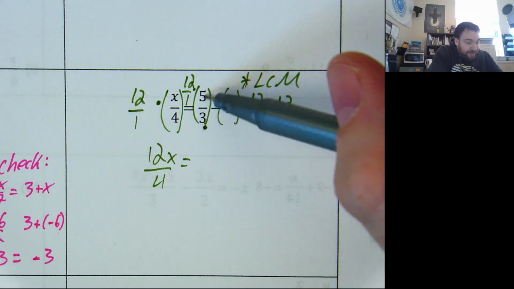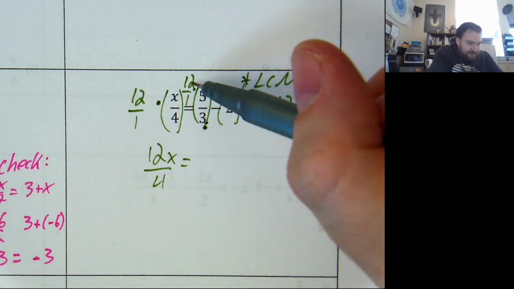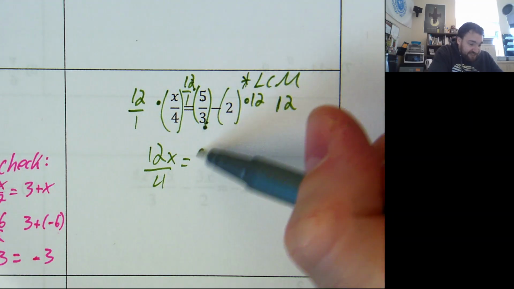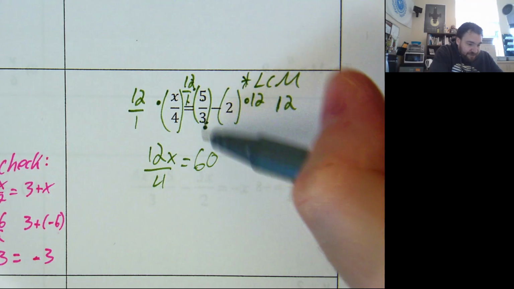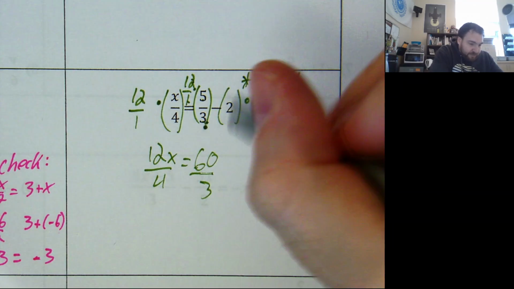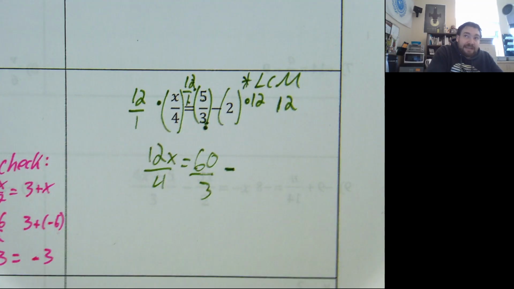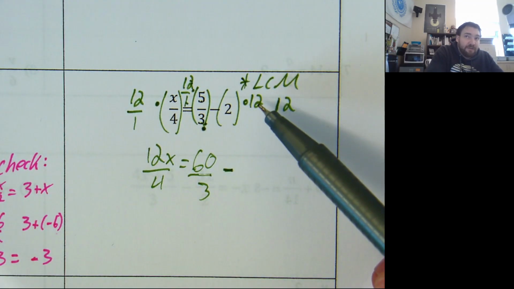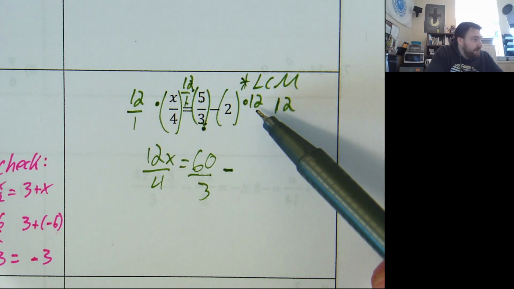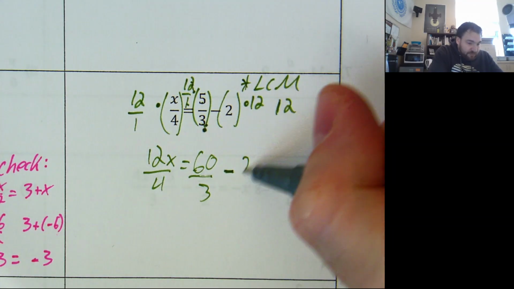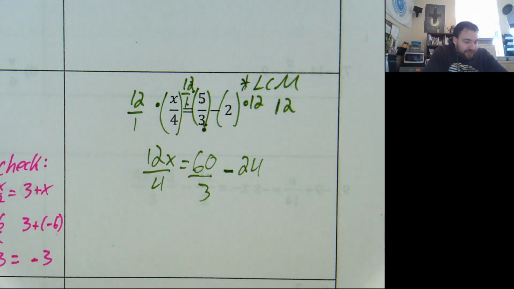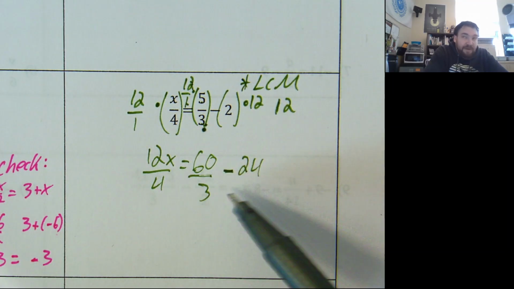Multiplying the 12 by the 5 over 3 means I multiply the 12 and the 5, which is 60. And the 1 times the 3 is 3. Minus the 2 times the 12, which is 24. So I get 12x over 4 equals 60 over 3 minus 24.